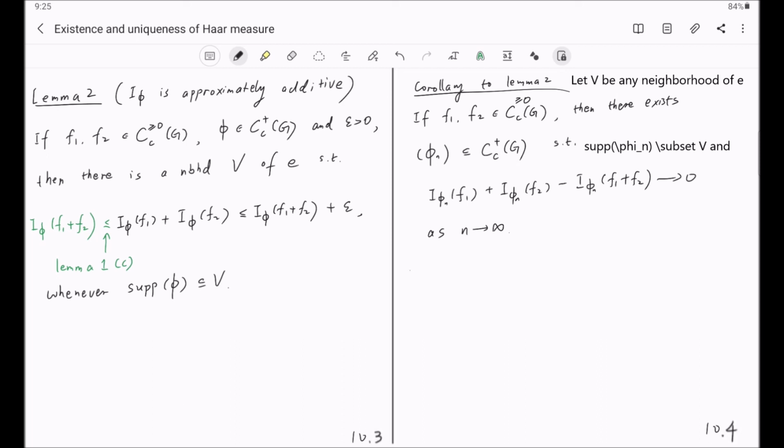And now let's prove this corollary. This should follow immediately from our lemma 2.